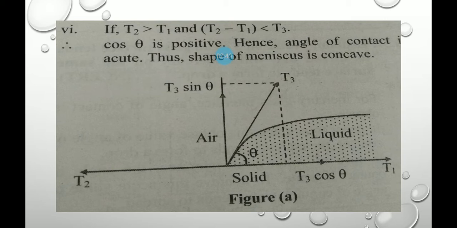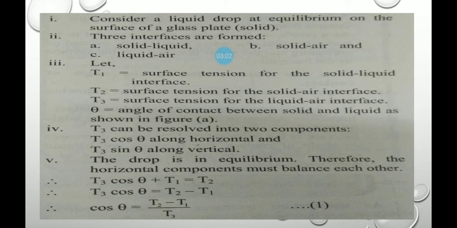We have shown in this figure that the drop is in equilibrium, therefore the horizontal components must balance each other. Therefore we can say that T3 cos theta plus T1 is equal to T2. That means T3 cos theta equals T2 minus T1.